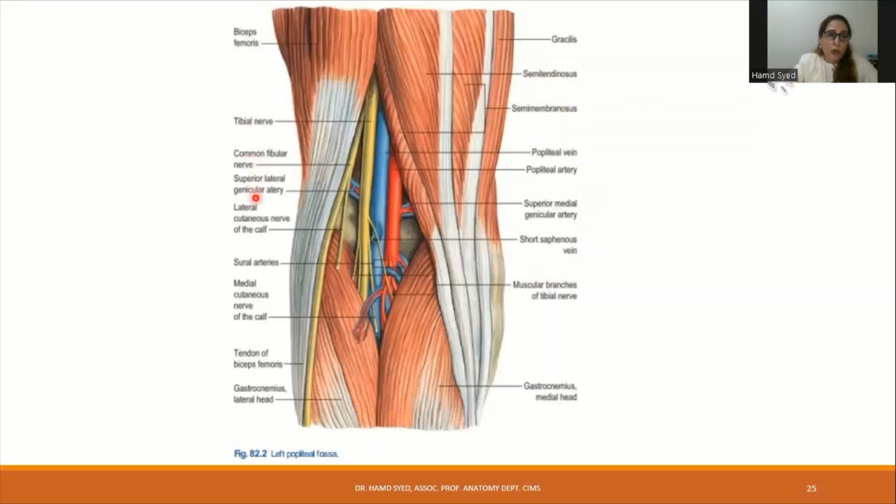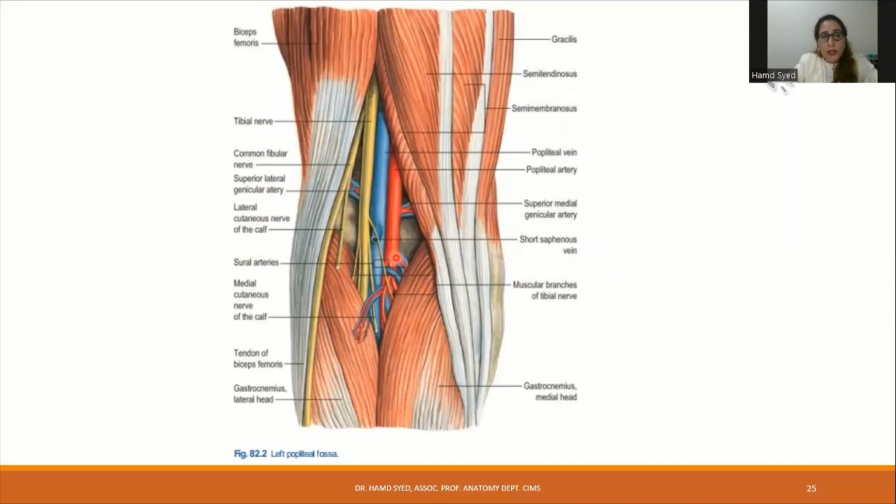The upper medial boundary is formed by semitendinosus and semimembranosus, and the upper lateral boundary is formed by the biceps femoris tendon, whereas on the lower side, the lower lateral boundary is formed by the lateral head of gastrocnemius, and the lower medial boundary by the medial head of gastrocnemius.